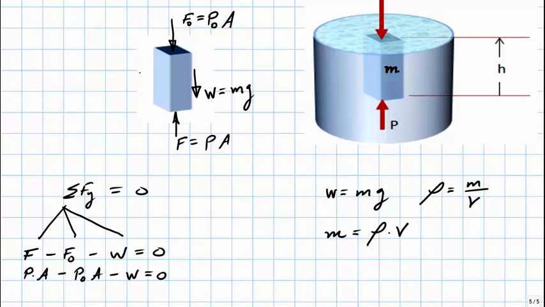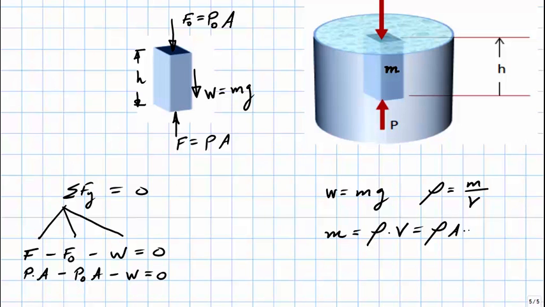We can also note the height in connection with this diagram. Again, the volume of this shape equals the cross-sectional area times the height of the shape. And so we can write the mass as density times the volume.